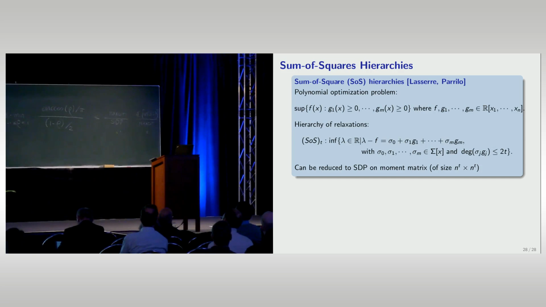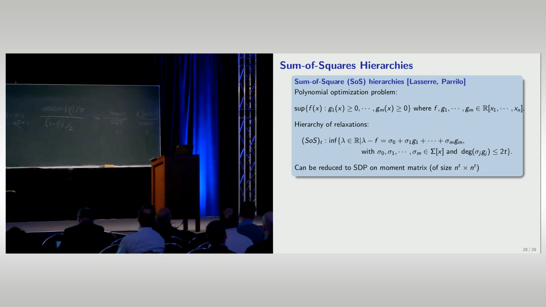And then what we'd like to do is try to prove that given a certain value lambda, lambda minus one polynomial is non-negative over all 0-1 solutions.